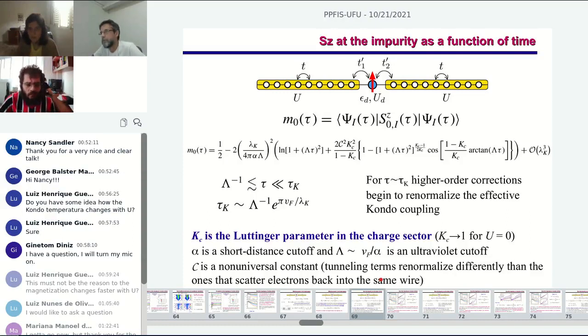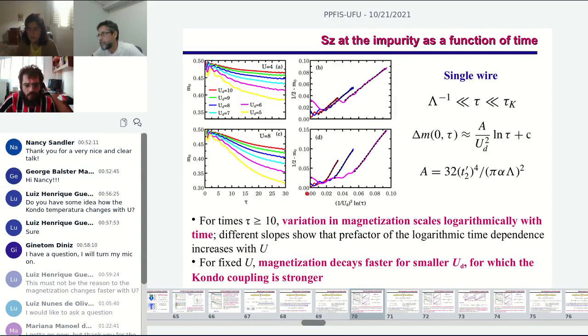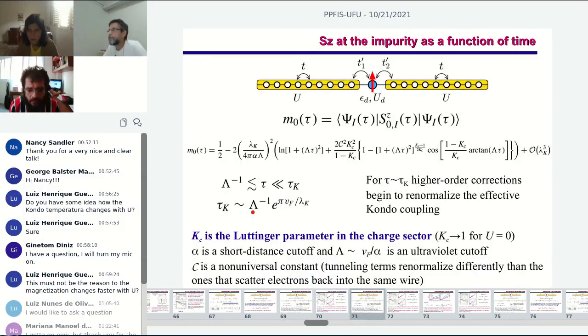Yes, we saw that this A changes with U. This A depends on 1 over lambda, and it gets larger for larger values of U, right? So what you are saying is that T_K, the Kondo temperature, should increase with U. We have to invert many times here.